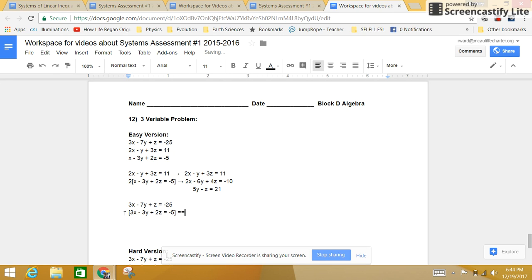Oops, put that 3 in the right place. The bracket was backwards, so it's 3 times everything in that equation. So I've got 3x minus 9y plus 6z equals negative 15 this time. And this one will become same as it was.